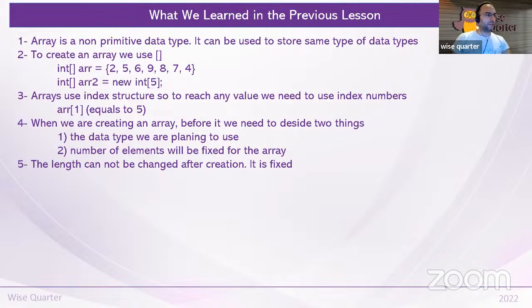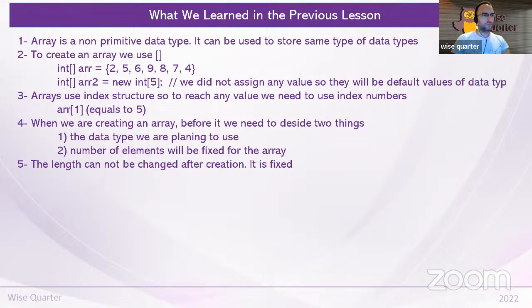But when you create it like this, it will have only default values of the data type because we did not assign any value to it. Okay, so I think that's enough.